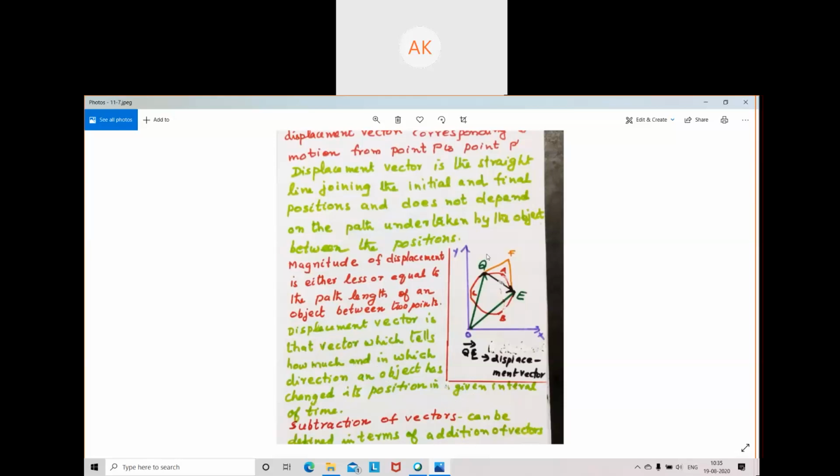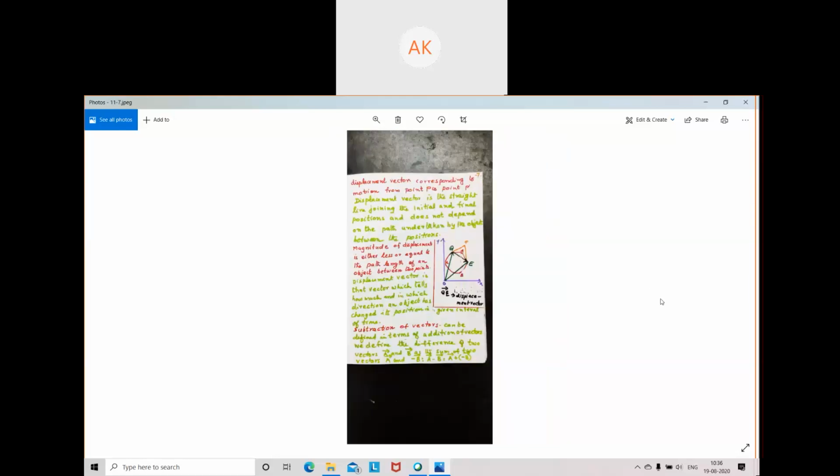So now we have studied both position vector and displacement vector. Next is subtraction of vectors. Addition we have seen, the graphical method of A plus B. Next is subtraction of vectors. Subtraction is actually adding itself.